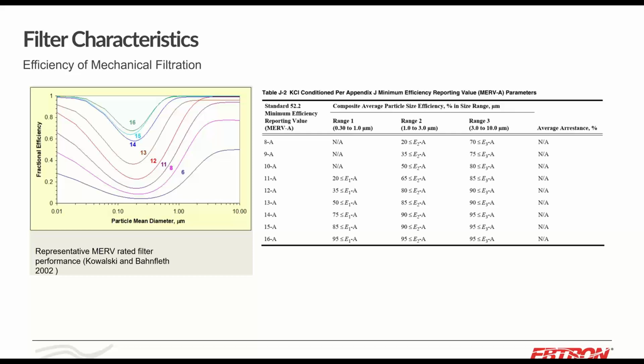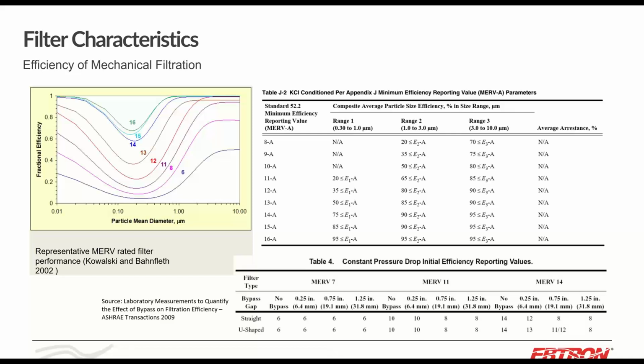And really, it's that 1 to 3 micron range, which we're learning more and more about, that is very detrimental to the human body, as it can get down into the bloodstream, and from there cause long-term effects. A thing to point out is it doesn't take a very large bypass.